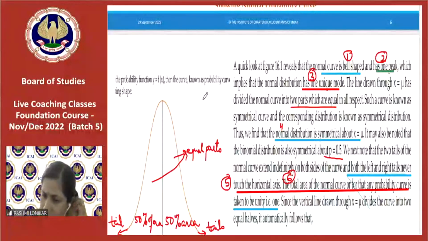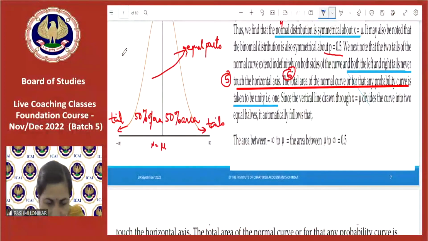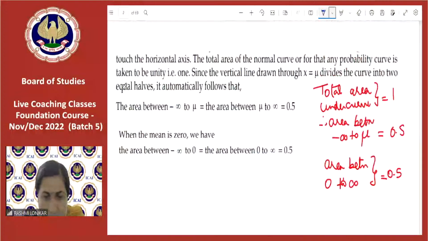The line x is equal to mu is dividing the curve into half. So half of the area will be lying to the left of the line and half of the area will be lying to the right of the line. The area under the curve is going to sum up to 1. The third important point is that total area under the curve is 1.